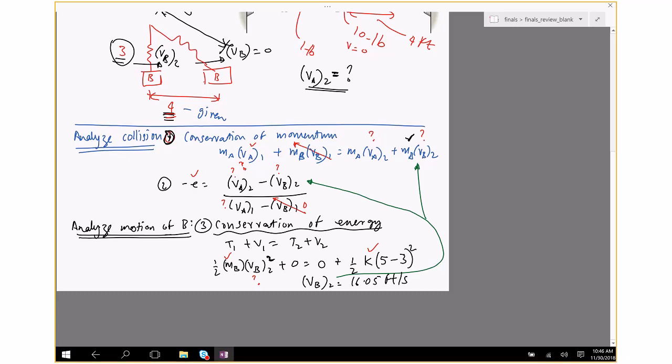So we have two unknowns, VA1 and VA2. Similarly, when we put VB2 in this expression here, we know this, we'll have two unknowns, VA2 and VA1. So equations 1 and 2 are two equations in two unknowns. Originally there were three unknowns, but now we've found one unknown, and so two equations, two unknowns, you can solve for velocities.